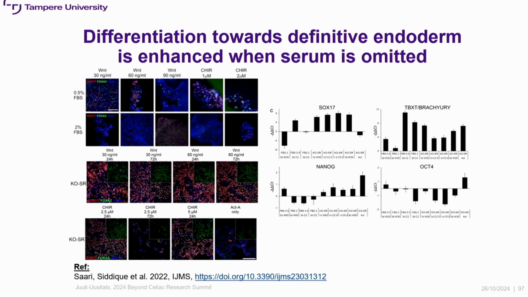Brachyury is the marker for the mesenchymal or mesodermal lineage, which we do not want, because we don't want to have liver or kidney from our cell culture. We want to have intestine.